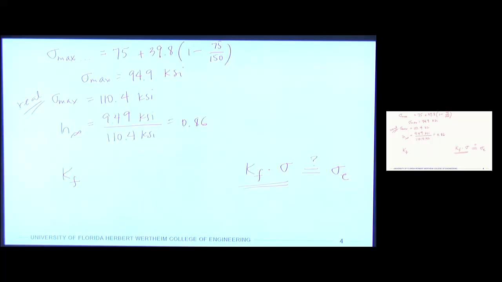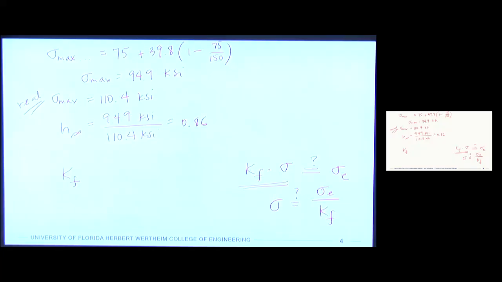Another way that sometimes this is described is the KF is a strength reduction factor. So let's rearrange this equation. So now, whoops, that should be KF. Too many sigmas going on here. Okay. So we can divide the right side by KF. Now, it's not a factor modifying the stress in our component. It's a factor modifying the allowable stress that we're comparing it to, right?